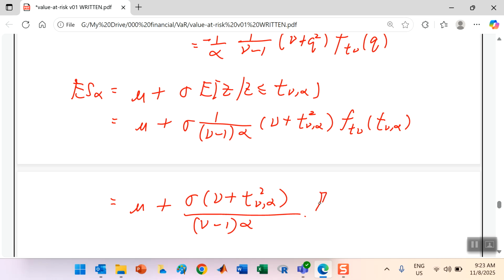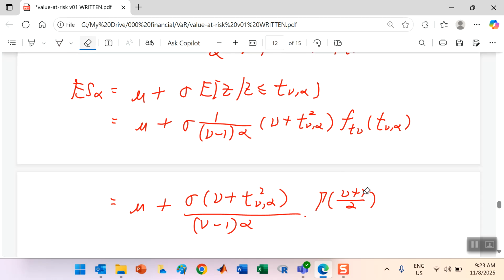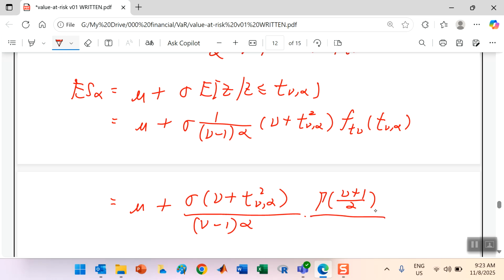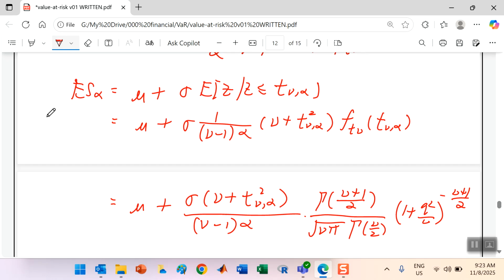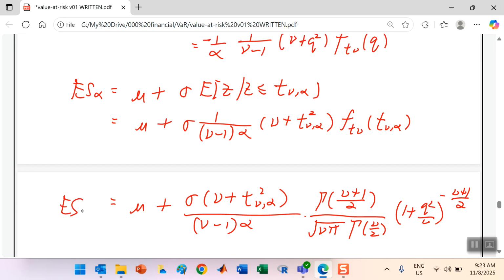Then the mu plus 1 over 2. So this is a PDF value. Then you have the mu of pi gamma mu over 2. So this is the PDF form. Then this is minus mu plus 1 over. Okay, so this is the overall expected shortfall under the student T assumption.